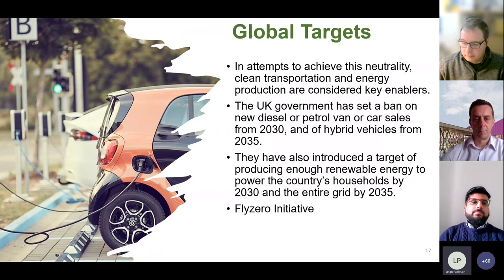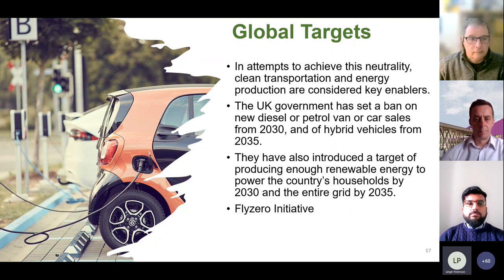So just to go into further detail, I'm sure you've heard about some of these between the last programs or the news, but in order to achieve neutrality, clean transportation and energy production are the key enablers that we've tapped onto at the moment.